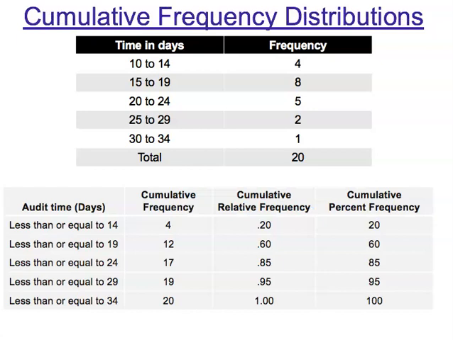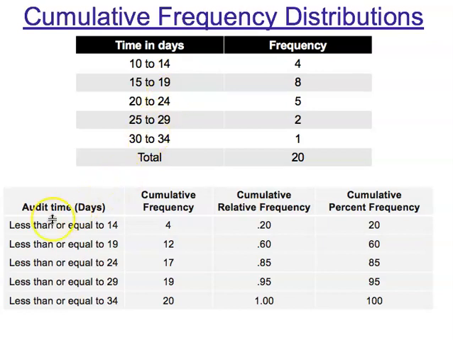In some cases, you may want to create a cumulative frequency distribution. We have the same classes here and our frequencies, but maybe we want to find not the frequency of, say, 10 to 14 and then 15 to 19, but every number up to and including the respective class.